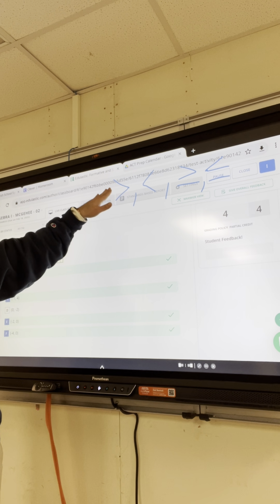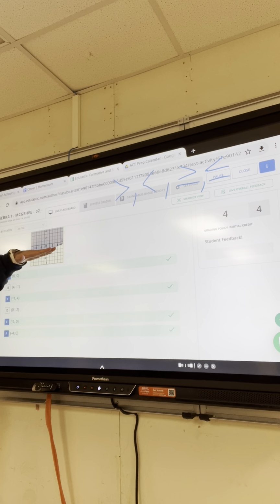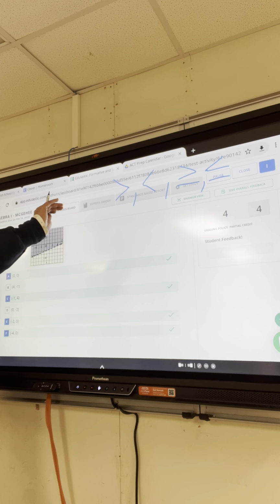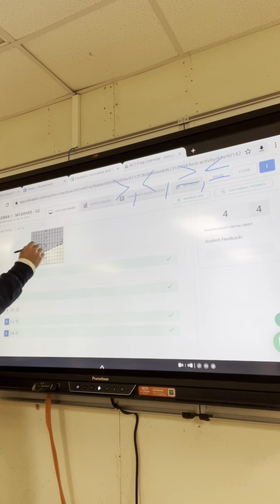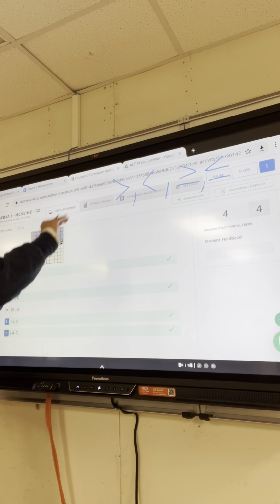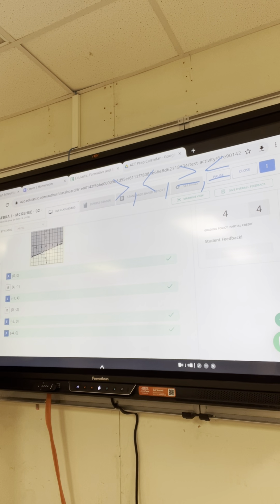Because if it's greater than, we're only concerned with what's above the line, the shaded region above the line, not what's on the line. If it's on the line, then that means it's equal to the function.